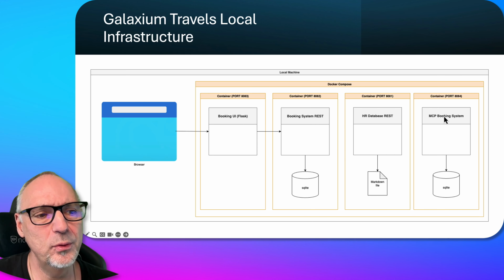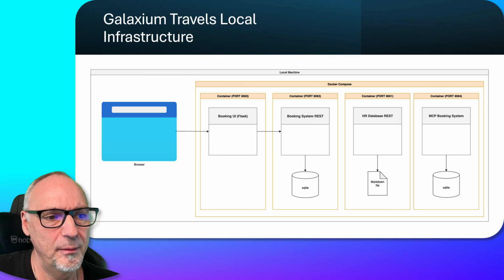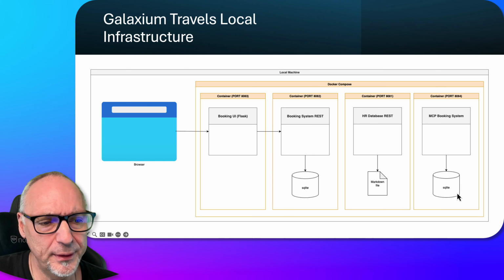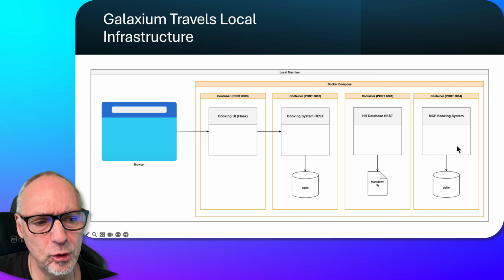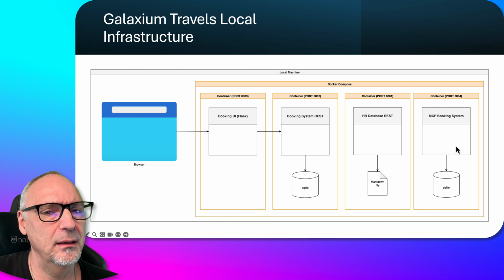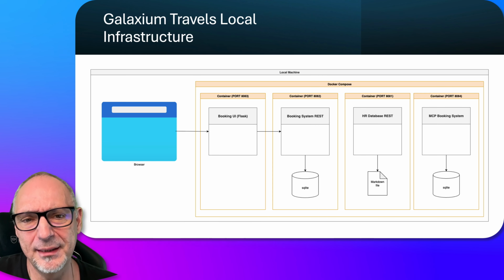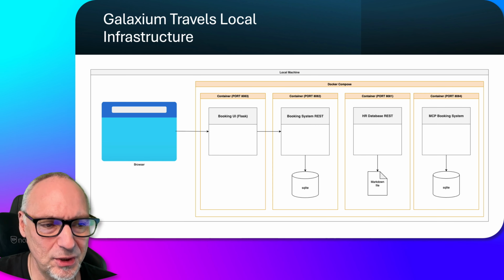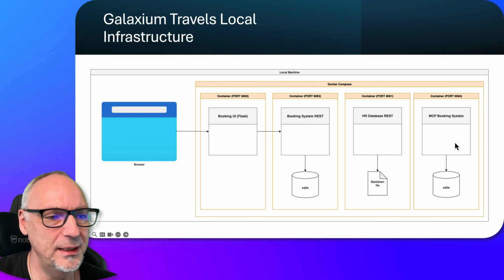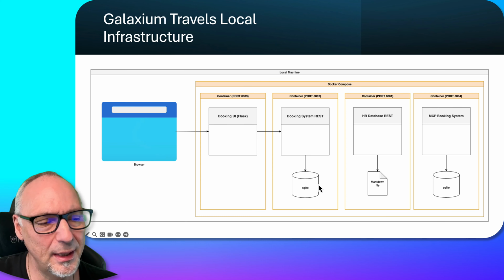And we will use the MCP server, which implements the access to different functionality of the Galaxium booking system, with our AI application. At the end, an agent is also an application with the integration providing the tools. So that is what we are going to do, so we will use that in that context.